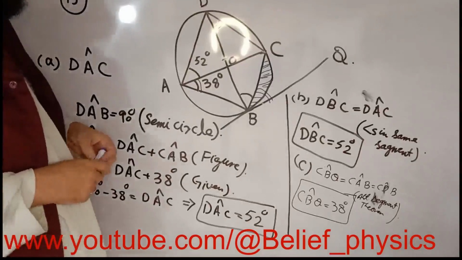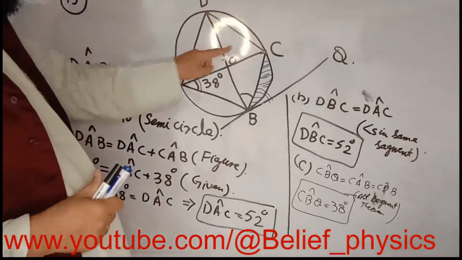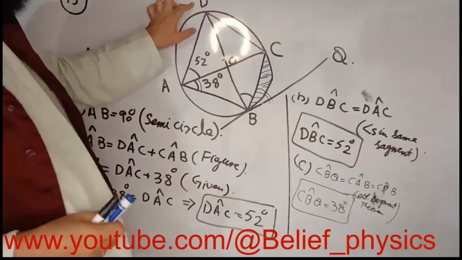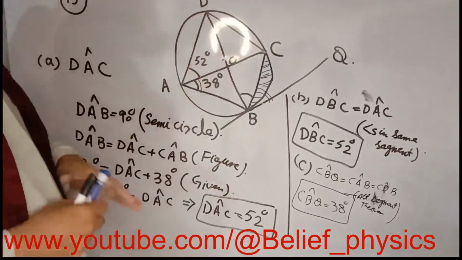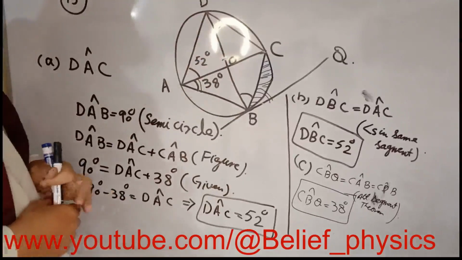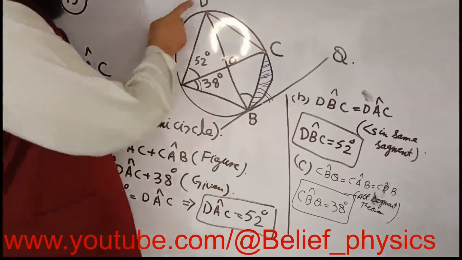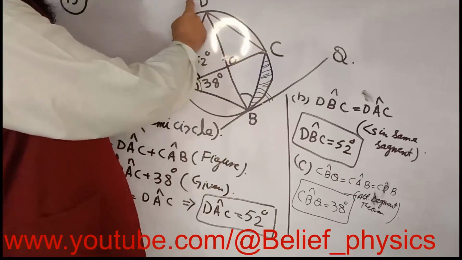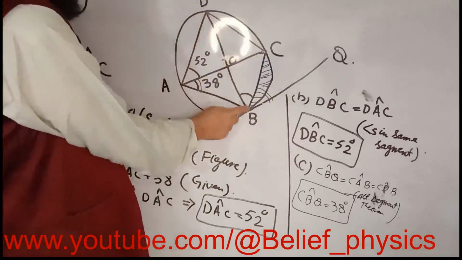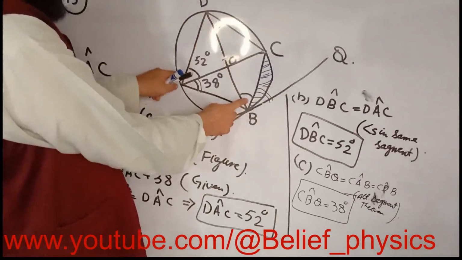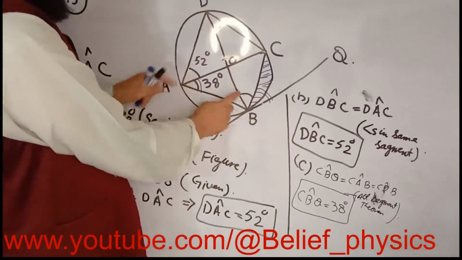We found DAC, the angle made by DC in this segment. Any angle by DC in this segment will be 52 degrees. Therefore DAC is 52 and DBC, also subtended by DC, is also 52.